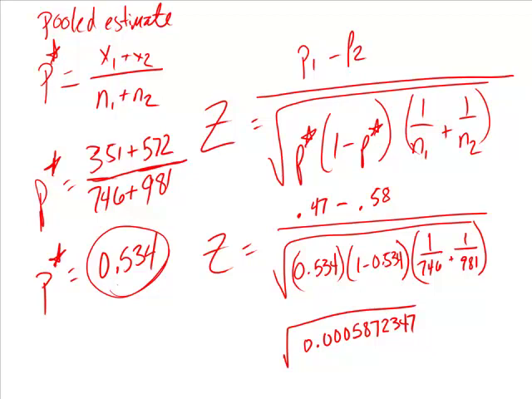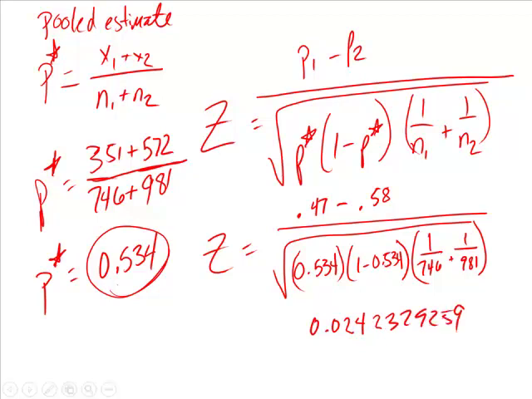Now, if you unlock your phone and turn it sideways, you can take the square root of that, of 0.0005872347, and the number I get for all of that mess is 0.0242329259. Okay, that's my denominator.